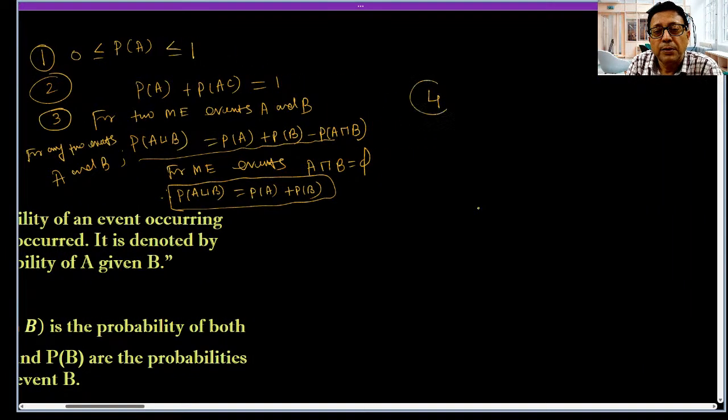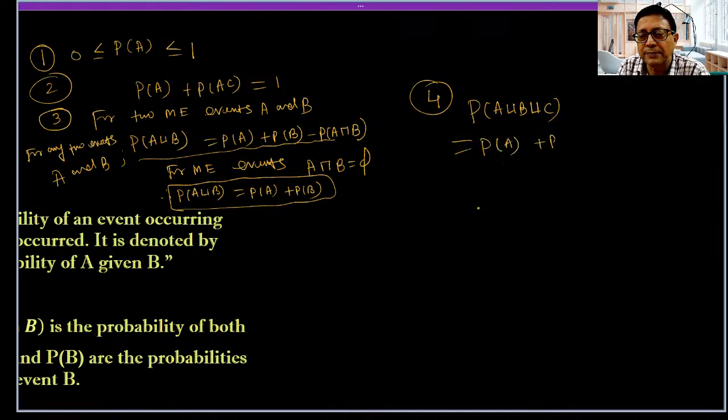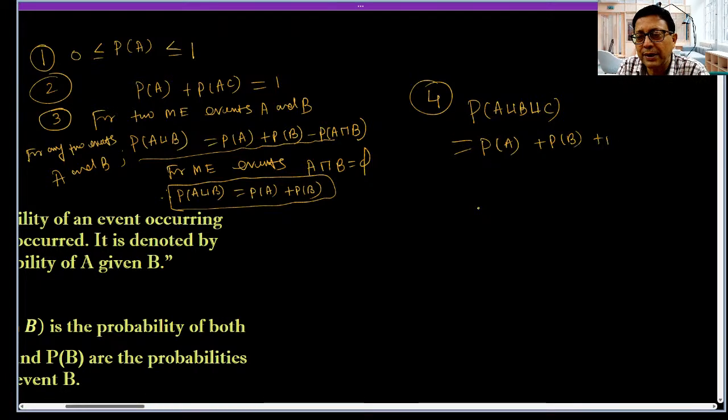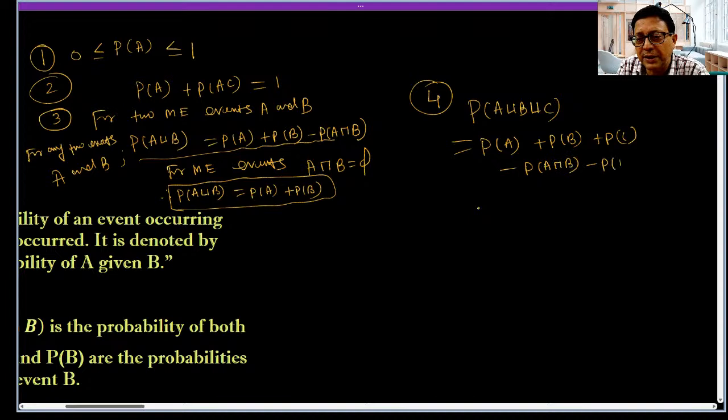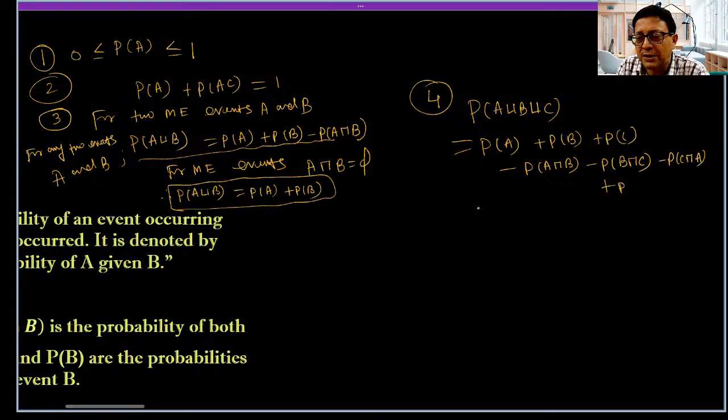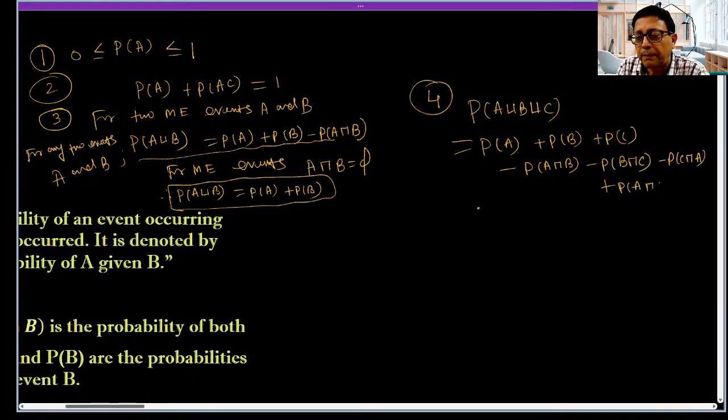What happens for three events, that also we will recap once. Probability of A union B union C is nothing but P(A) plus P(B) plus P(C), minus P(A intersection B), minus P(B intersection C), minus P(A intersection C), plus P(A intersection B intersection C).